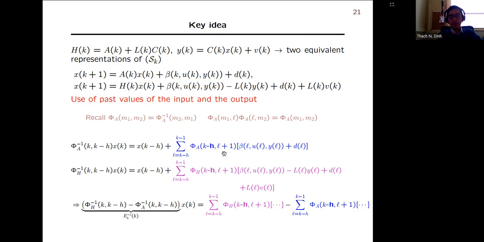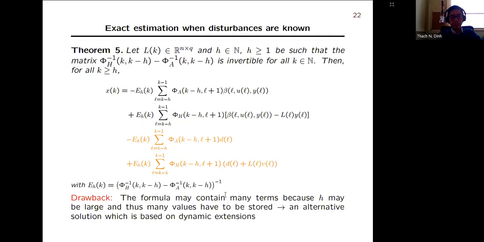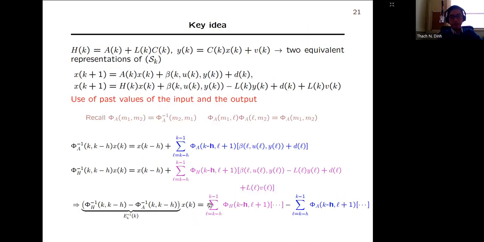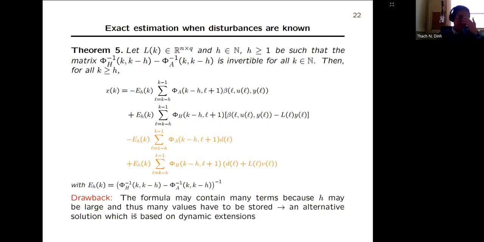We obtain here the matrix phi S k minus S, and we multiply both sides by the invertible matrices of phi A and phi B and phi S. We obtain the following relation, and similarly we can compute the state xk by multiplying both sides of this relation by ES, and we have the next theorem.